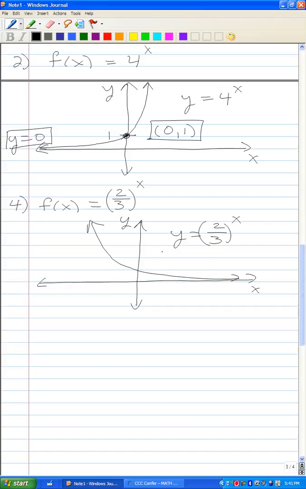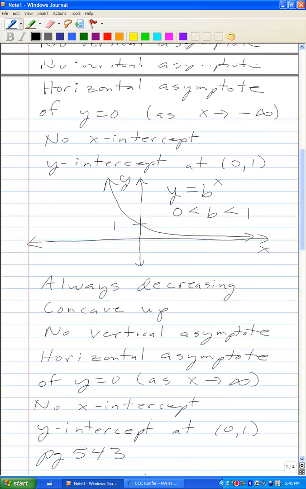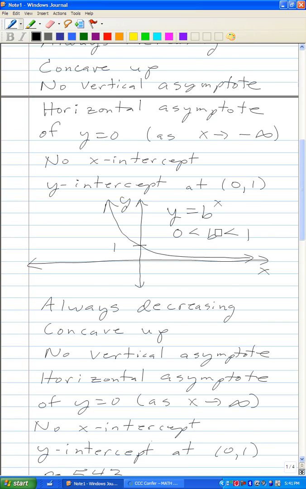At 0, it's 1. At 1, it's 2/3. At 2, it's 4/9. And the asymptote is y equals 0. So it just looks like this graph here.